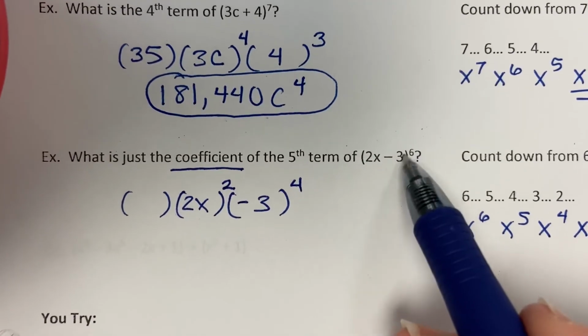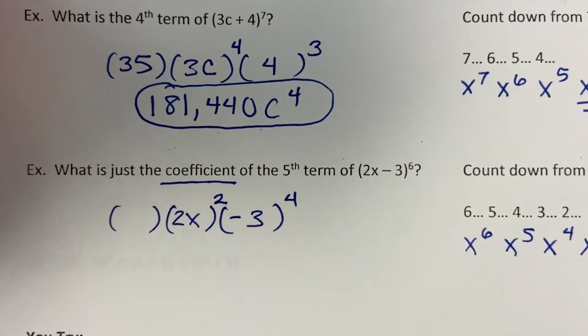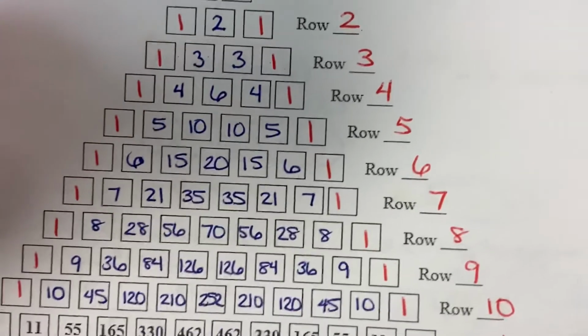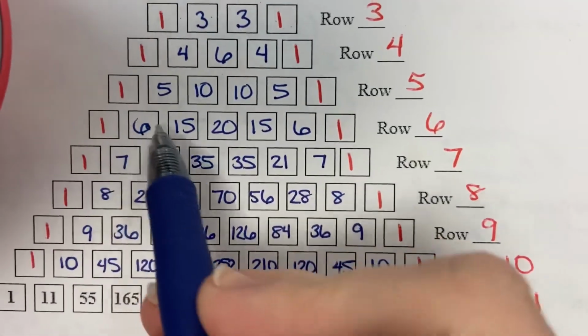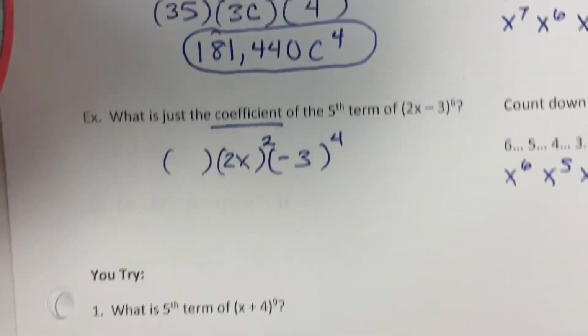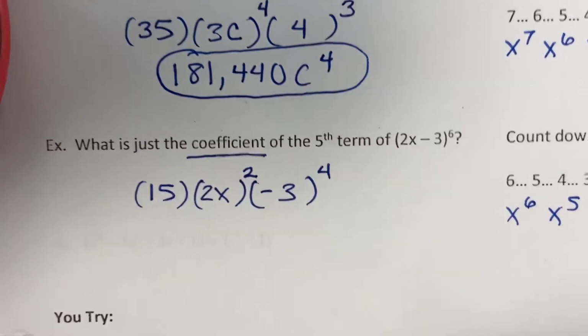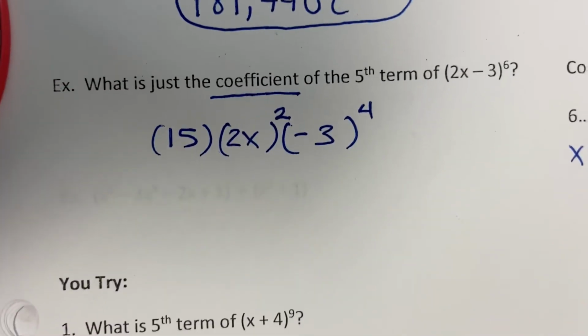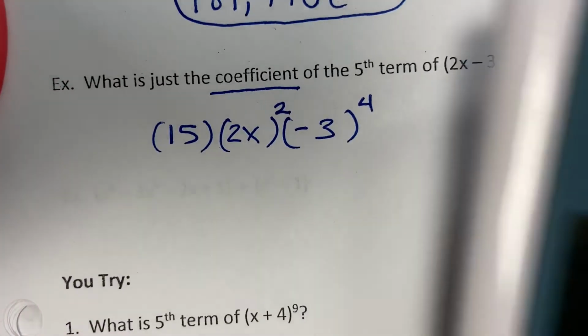So I'm going to go to the 6th row, and I need the 5th term. So row 6, 1, 2, 3, 4, 5, and that's a 15. So come back over here and put a 15 in the parentheses. Now I'm going to put that in my calculator.